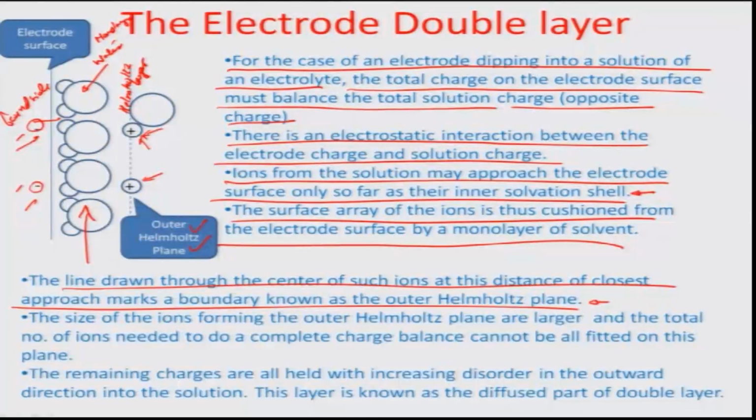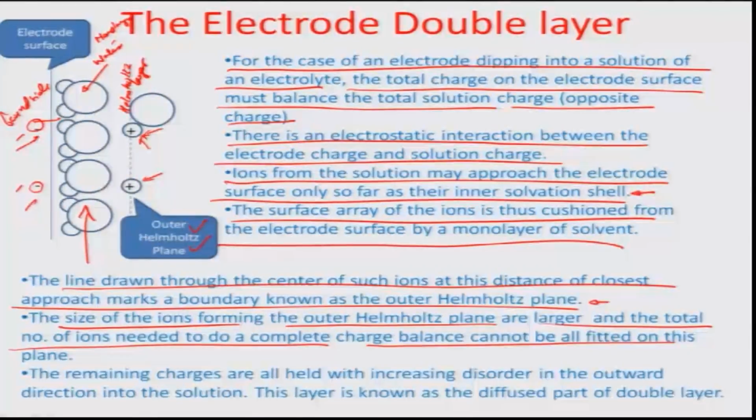The size of the ions forming the outer Helmholtz plane is larger than what is needed to do a complete charge balance, obviously because these are very finely bound electrons which are densely present over the surface, and this layer of negative charge really cannot be balanced because of a size constraint, because every ion in the solution carries a size around it.